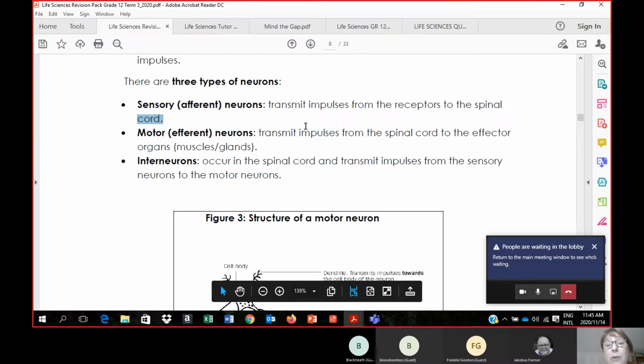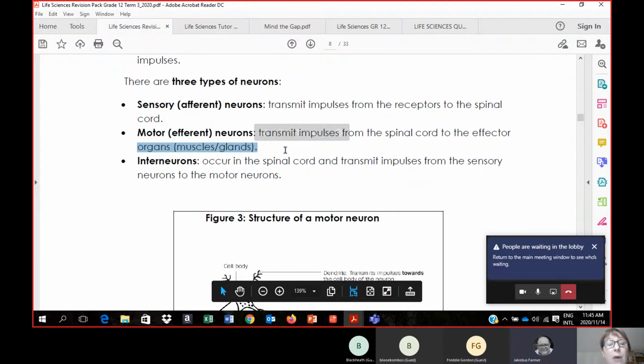And when we do the reflex arc just now, I'm going to show you what the receptors and the effectors are. Then motor neurons, they always transmit impulses from the spinal cord to the effector organs. And the effector organs are muscles or glands.